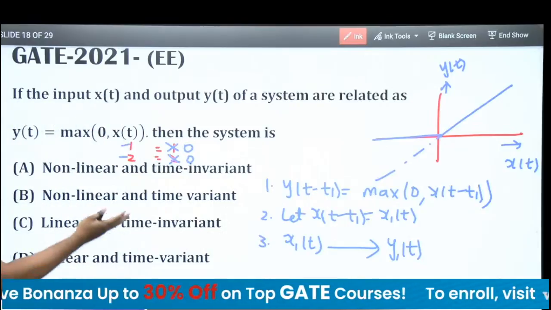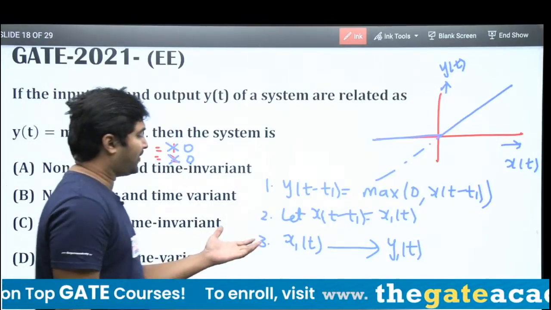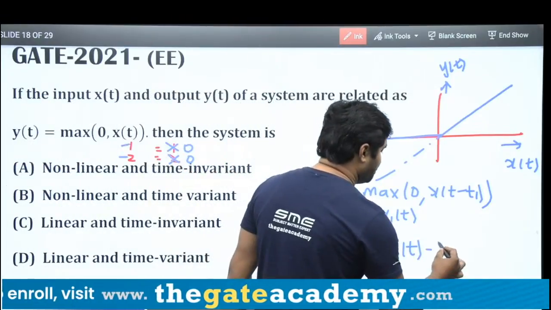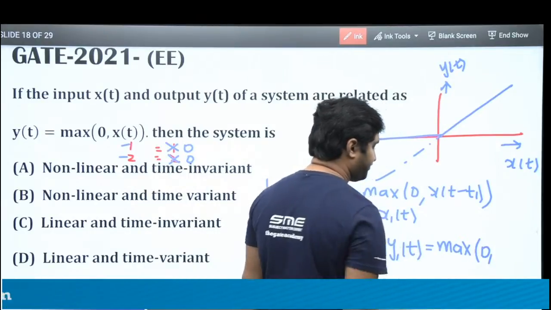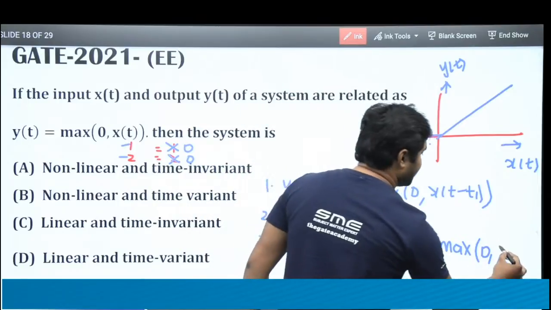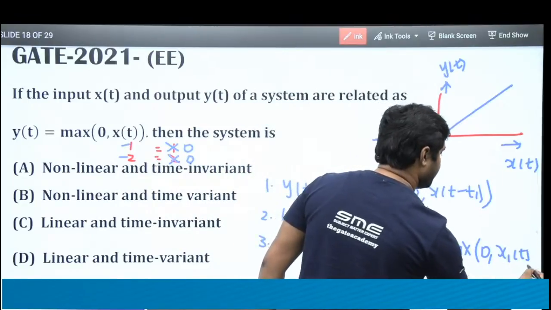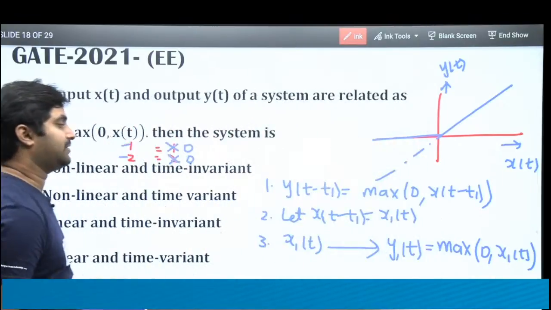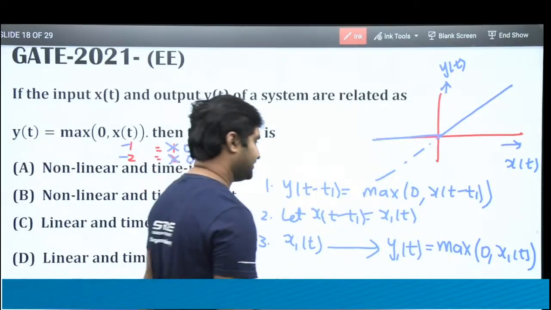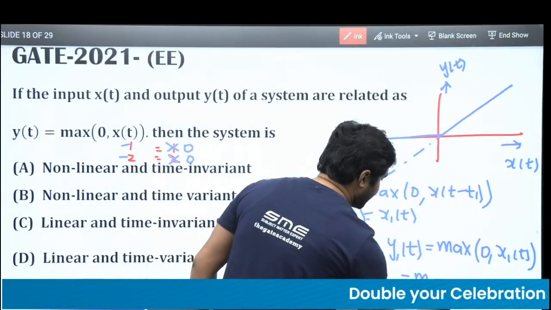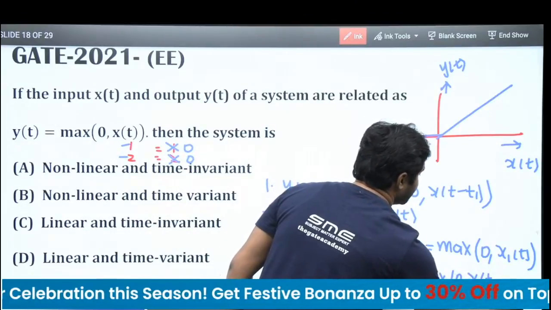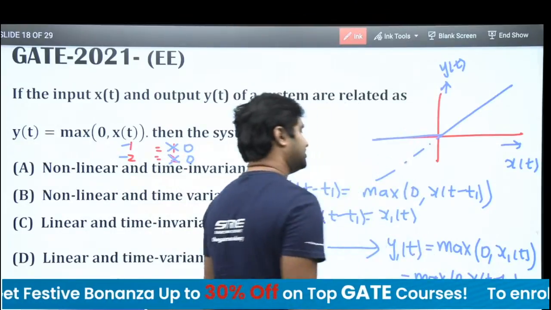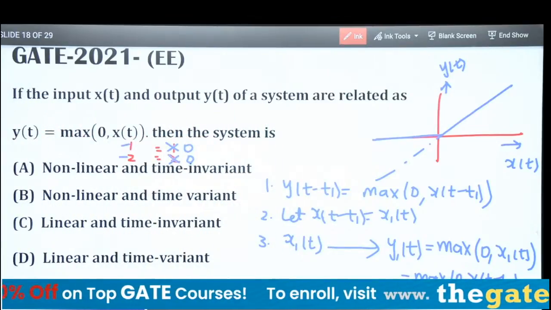If I give x1 of t as the input, what is the output going to be? It is nothing but max of 0, x1 of t, which is nothing but max of 0, x of t minus t1. This is nothing but y of t minus t1.